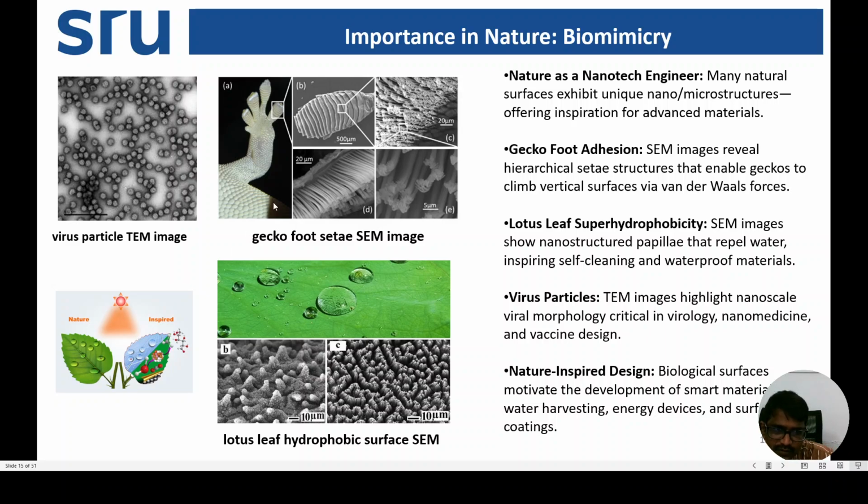So you can see something like a lizard. If you see the surface of its skin, you can see the pore size structures. That means we can see nanotechnology in nature also.